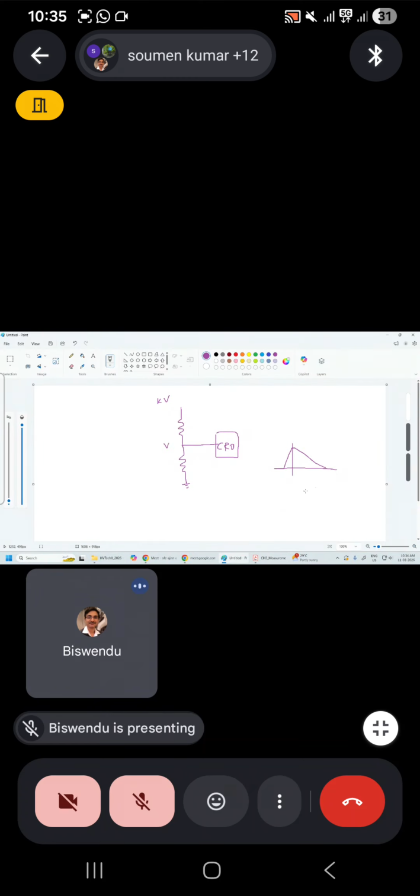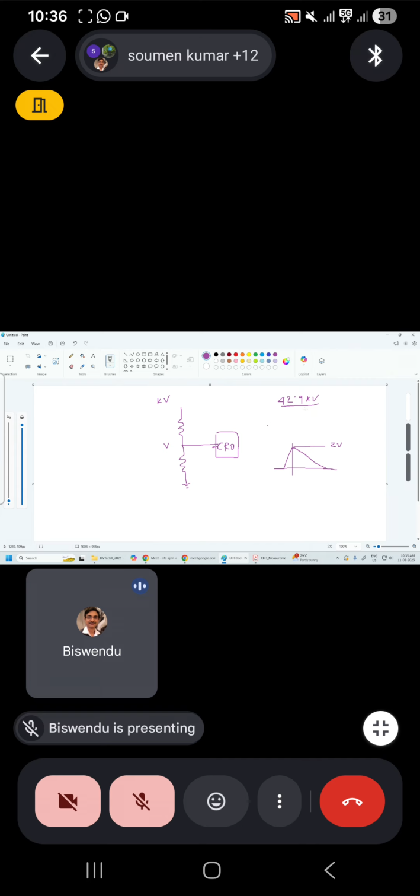How is it calibrated? Suppose this is, say, 2 volt. I have given an impulse of, say, 42.9 kilovolt.